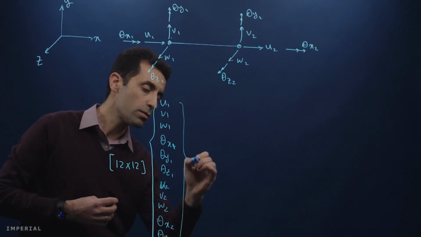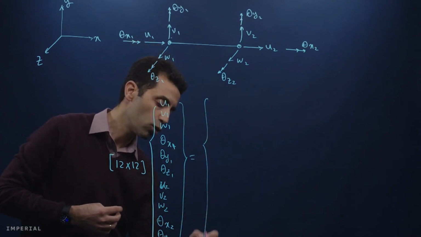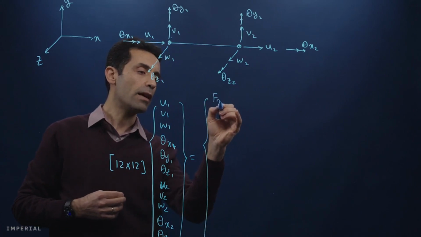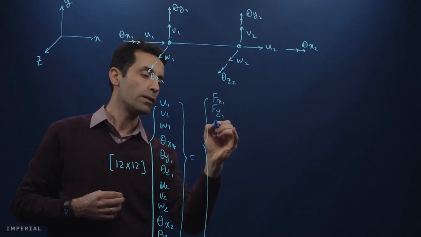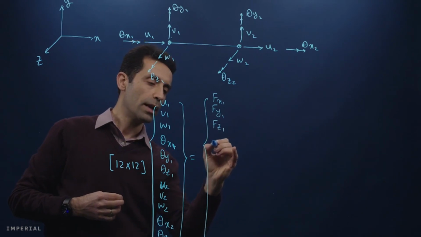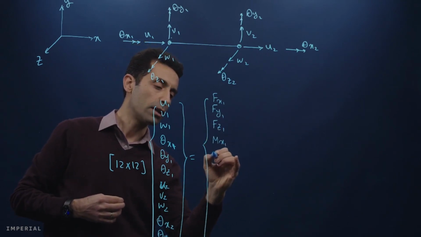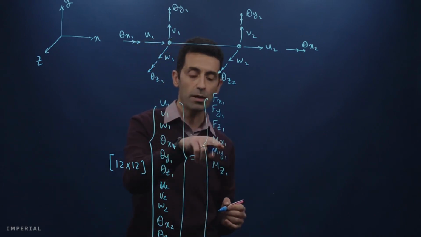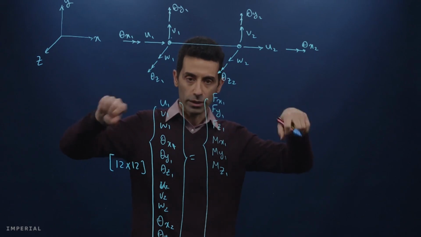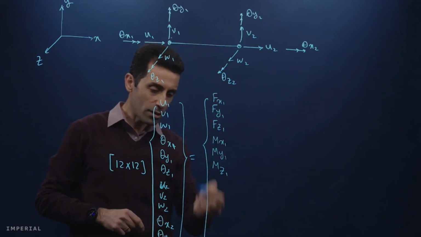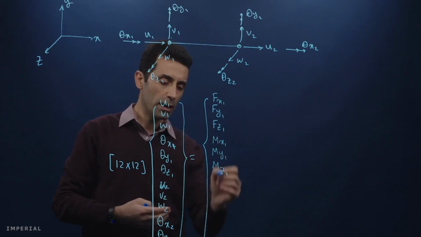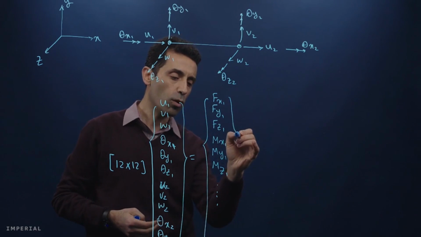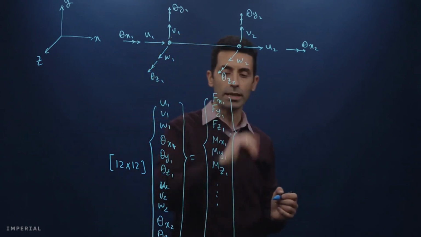Right, and this equals the vector of nodal forces, which you can imagine are the corresponding forces for each of these, like fx1, fy1, fz1, mx1, my1, mz1. So you know now mx1, this is the torque, right? That causes torsion. And so on. So I can just write the rest here, which is fx2, fy2, so all the corresponding forces for the second node.